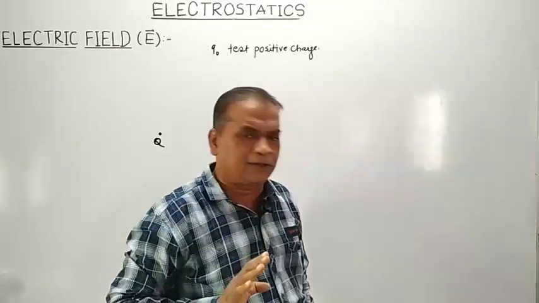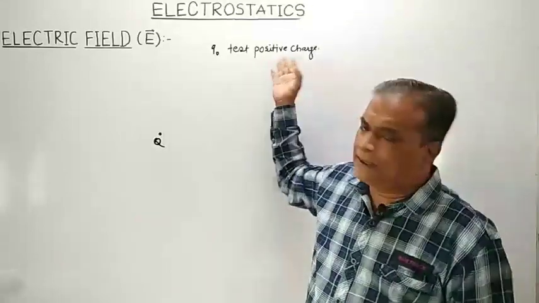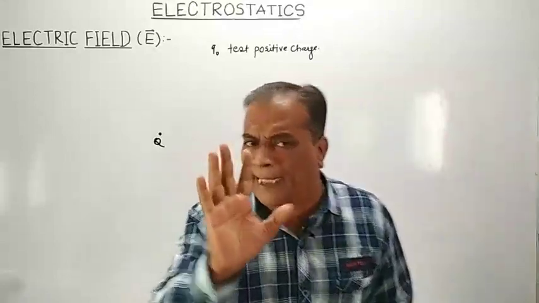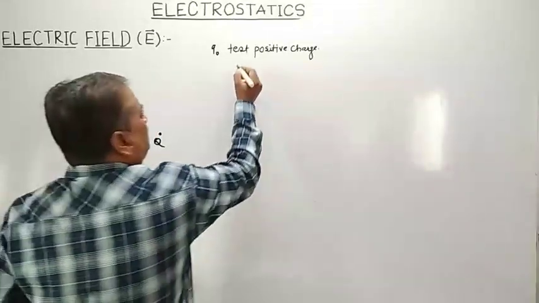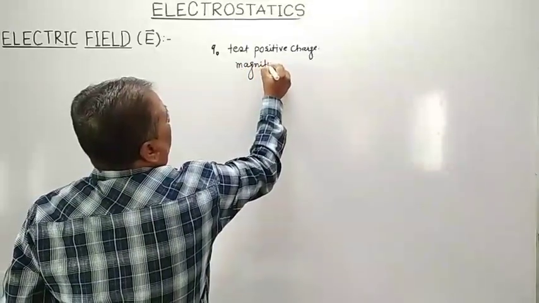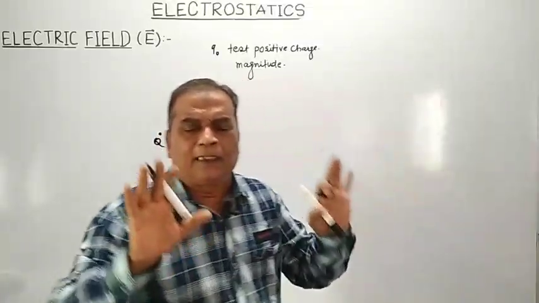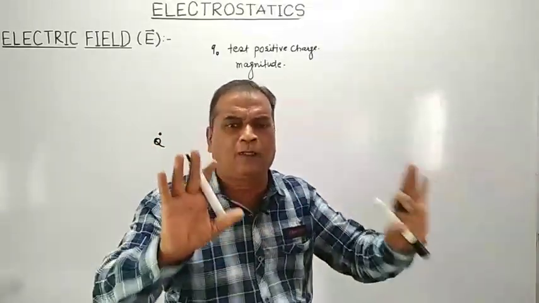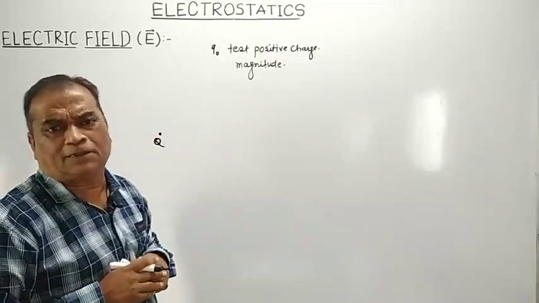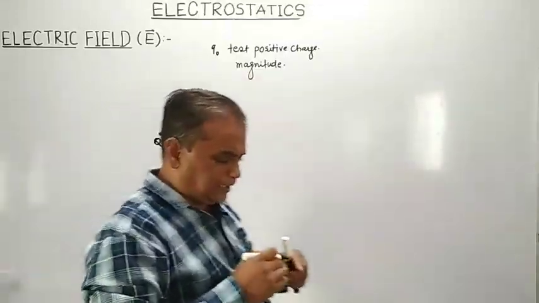What is a test charge? A test charge is a positive charge, and number two, its magnitude is very small, so small that it will not disturb or affect the surrounding of a given charge.